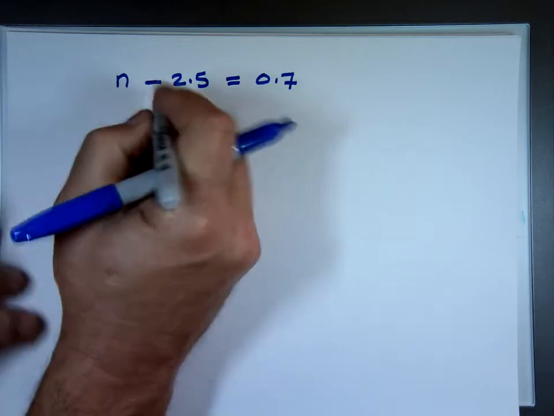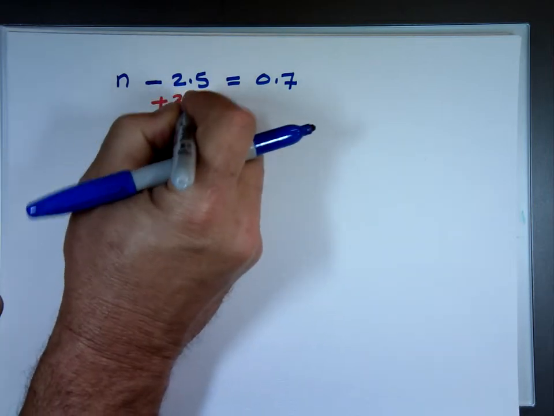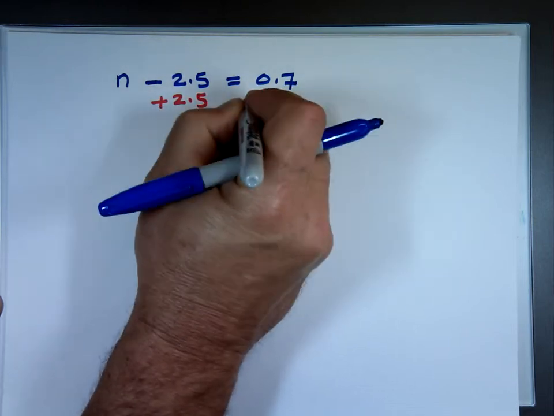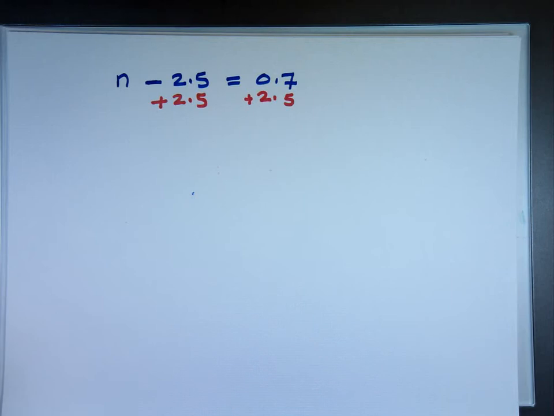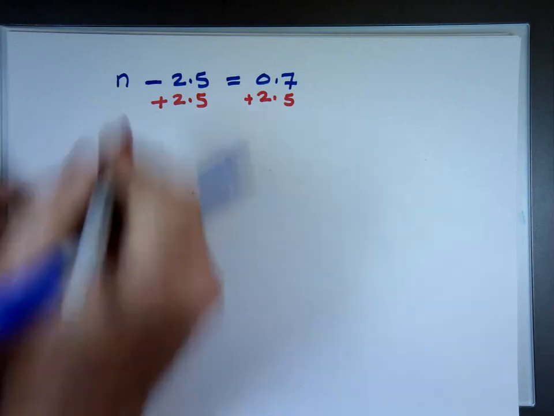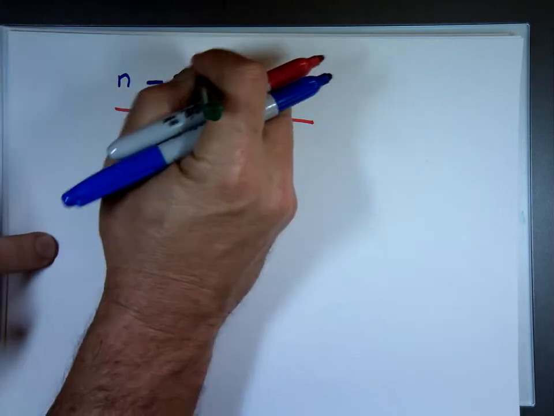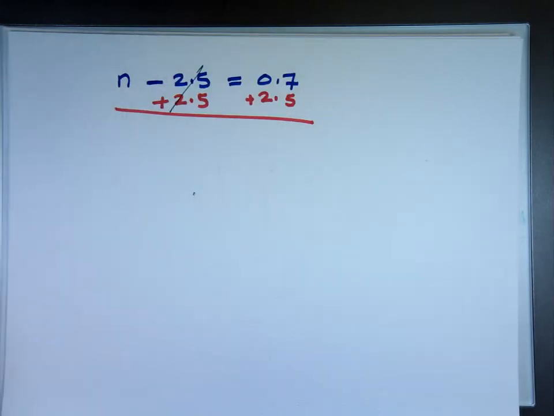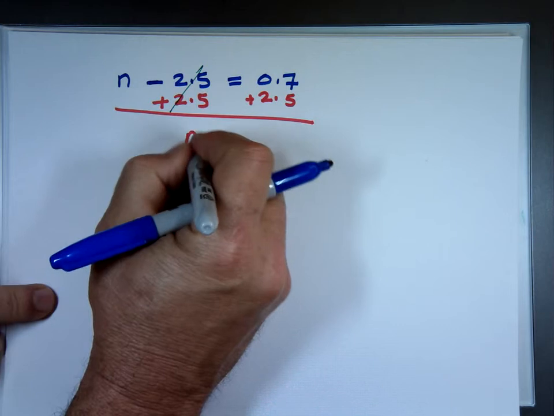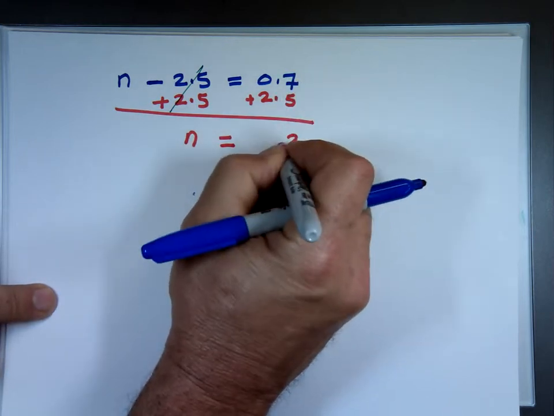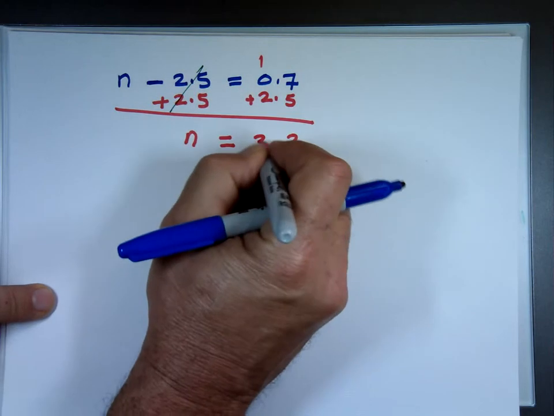We add. We need to make sure these numbers are opposite. Let's add 2.5 to both sides. Minus 2.5 plus 2.5, gone. And we have n equals, let's add them. 5 and 7, 12, 2 carry 1, 3.2.